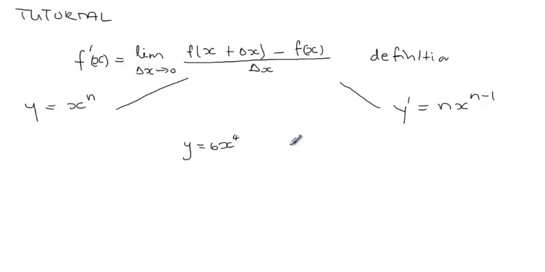We know that if we're differentiating a function multiplied by a constant, the derivative will be that same constant multiplying the derivative of the function. So the function is x power 4, the constant is 6, and we're going to differentiate x power 4 using exactly the power rule.